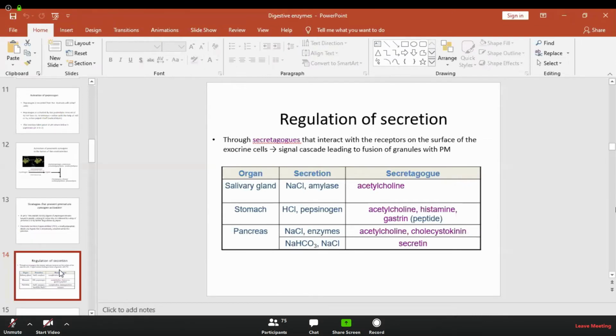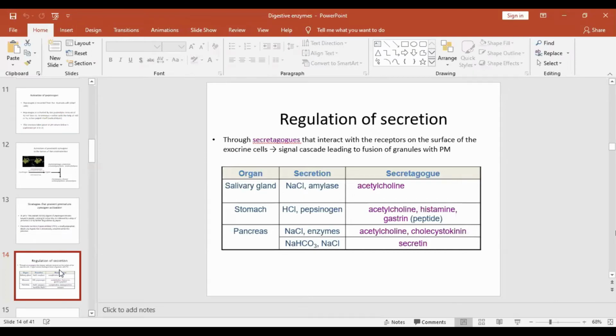The regulated secretion of these digestive enzymes involves secretagogues. Secretagogues are compounds that help in the secretion of other compounds. Examples of secretagogues are cholinergic stimulation, histamine and gastrin, and they help in the secretion of pepsinogen and amylase.